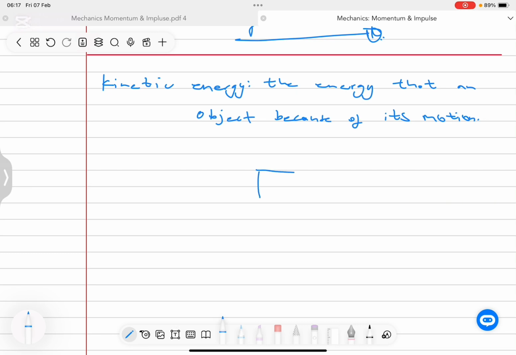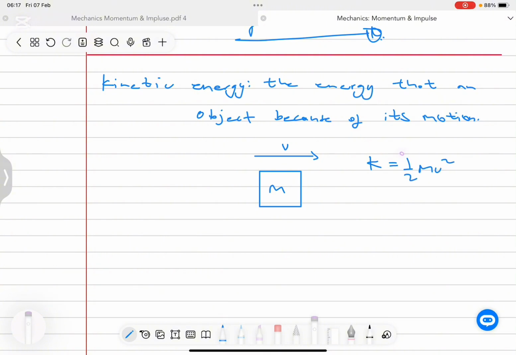Say for instance, we have a box here that has a mass m and it is moving with some velocity v. This object will have a kinetic energy K. The symbol for kinetic energy would be K, and it will be defined by half mv squared.